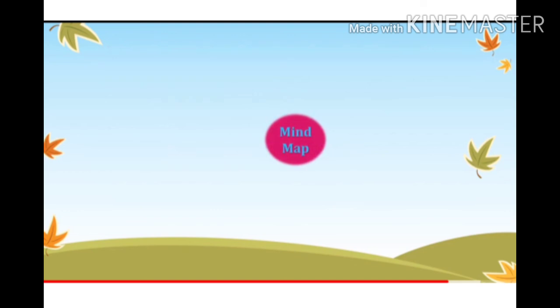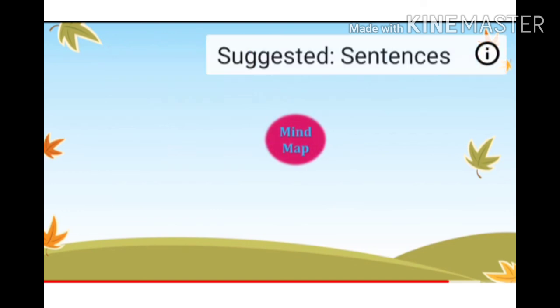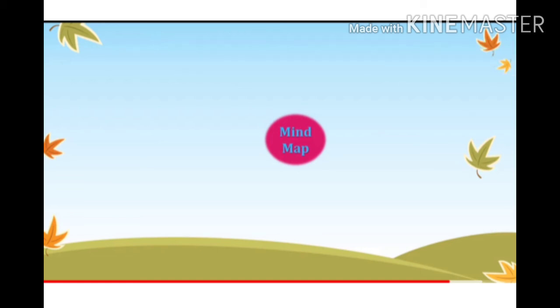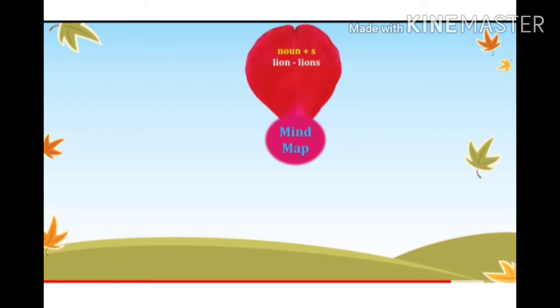Now let us quickly revise all the rules that we have learned with the help of a mind map like we always do. Rule number 1. Most of the nouns change into plurals by just adding s in the end. For example, lion, when changed to plural, becomes lions.